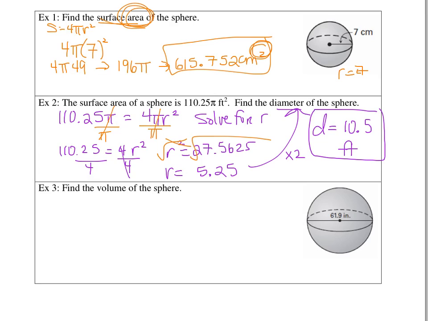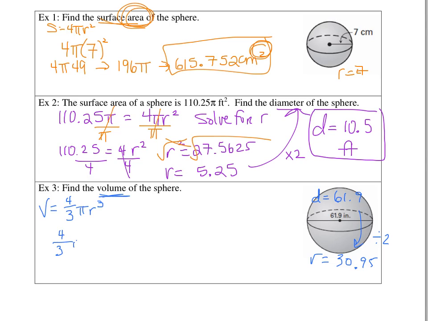All right, so next we're going to do volume. So our volume equation, remember, is 4/3 pi r cubed. And if you notice, our diameter over here is 61.9, and we need the radius. We need to divide that in half. So divided by 2 gives us 30.95 for the radius. Now we can plug all our numbers in.